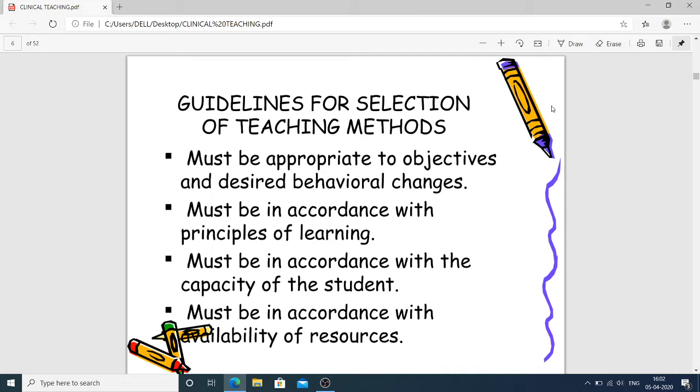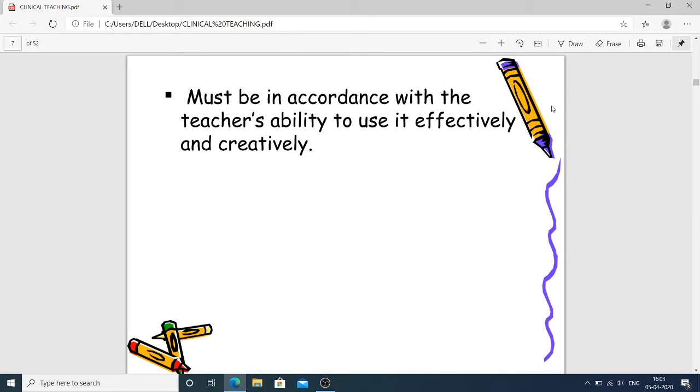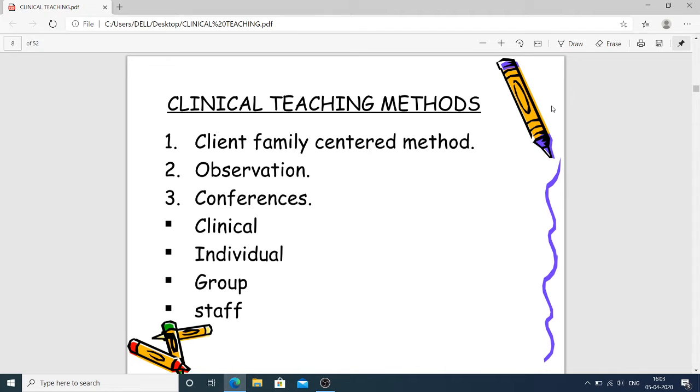It must be in accordance with the availability of resources. These are all very important for selection of the teaching method. It must be in accordance with the teacher's ability to use it effectively and creatively. Whatever method is selected by the teacher, the teacher should be skillful in that particular method.